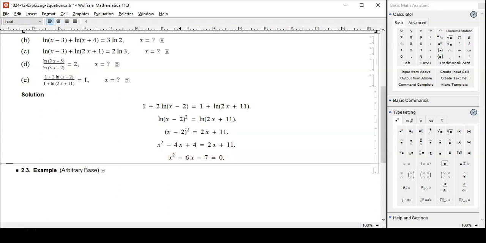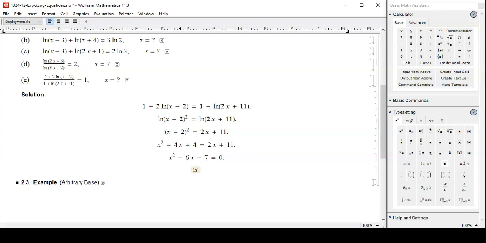Okay, all right. And then we can go ahead and factor. This is monic, so it's going to be easy. So we have x equal to 7, there goes one. x equal to negative 1, there goes the other.